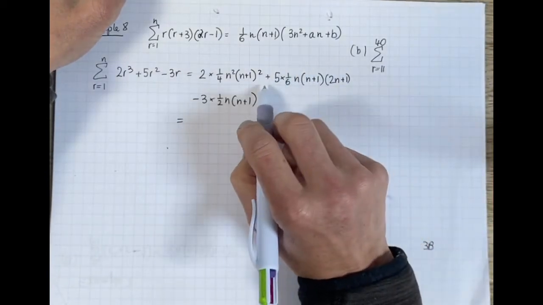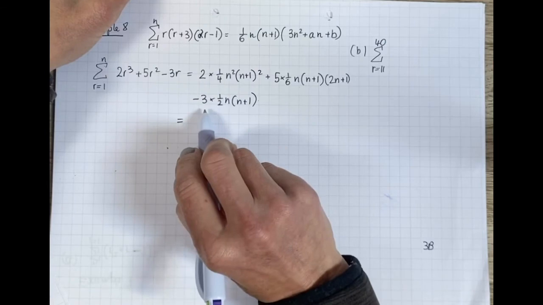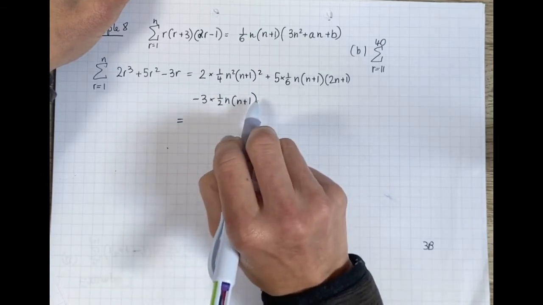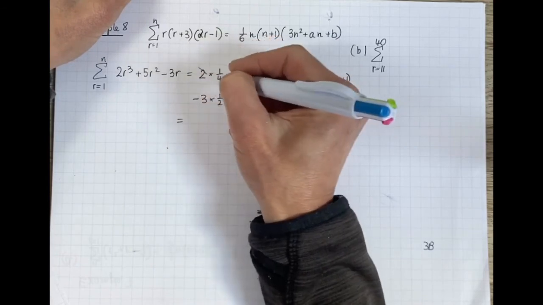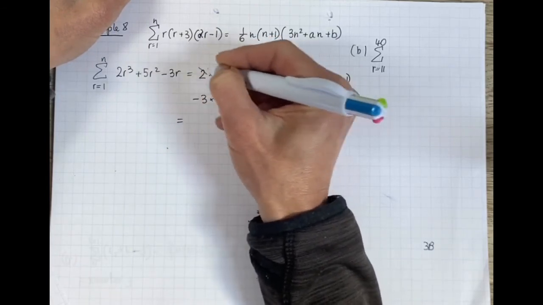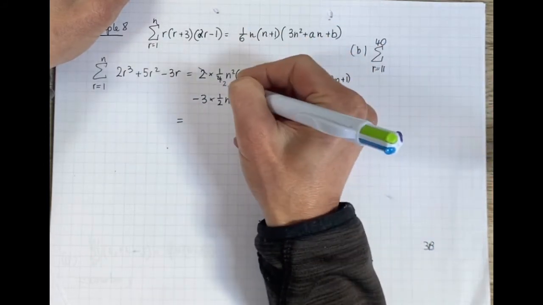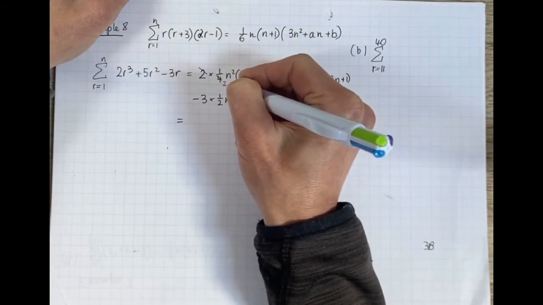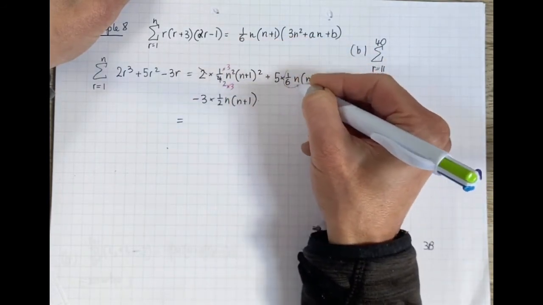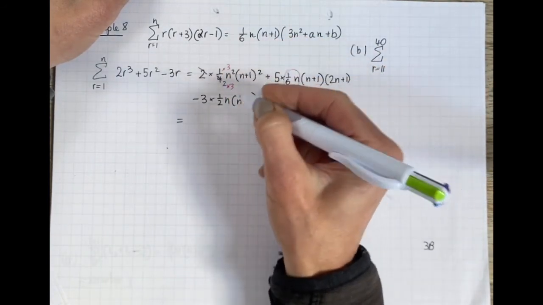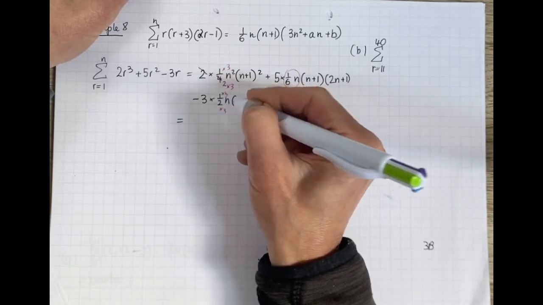But I'm going to take 1/6 of n and n plus 1 out. So this one at the moment is a quarter, so if I cancel it, it's a half. I'm going to make it into 1/6, so times that by 3 and that by 3. This one has got 1/6, and this one here I need to times that by 3 and that by 3.